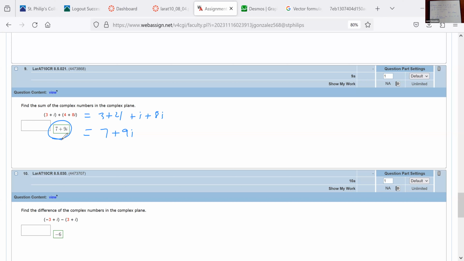So the subtraction will be the same. Just be careful with your signs. Is there any question on adding or subtraction? Does it make sense? Do you want to see the subtraction? Or is it okay? Makes sense. Okay.